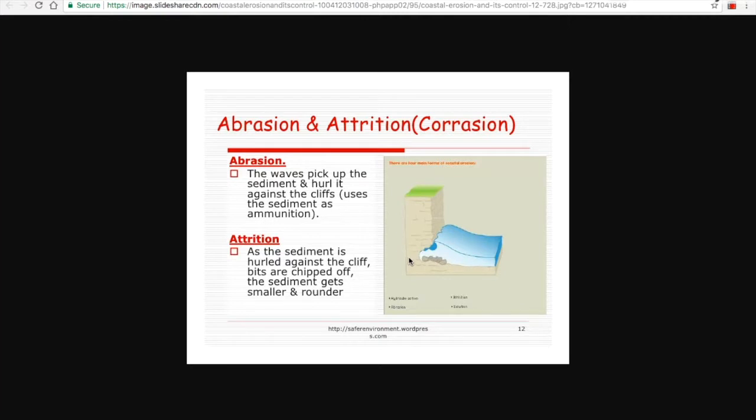So basically, the wave impacts this cliff, for example, and it just takes off chunks of it. Attrition, which is the A in CASH, is when these sediments hit each other and break down.